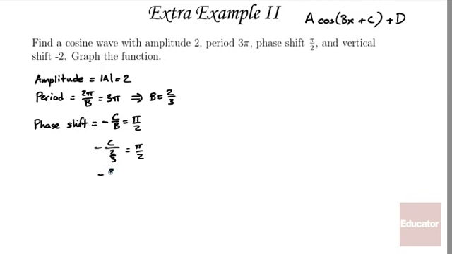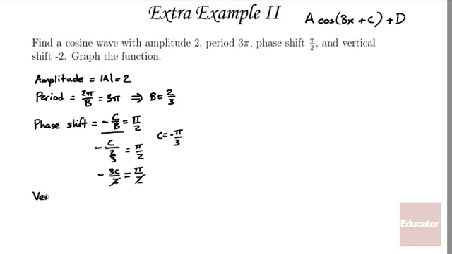So that's negative 3c over 2 is equal to pi over 2. The 2's cancel, and so we get c is equal to negative pi over 3. So that's how we figure out what c is. We kind of reverse engineer this equation, negative c over b.